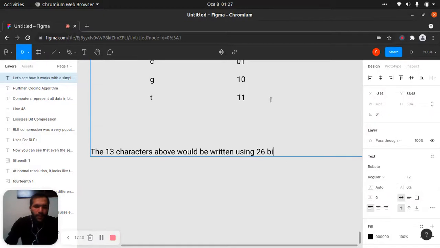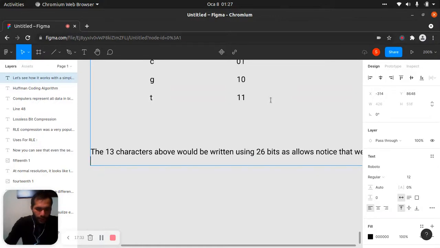As binary allows us, notice that we don't need gaps between the codes, right?